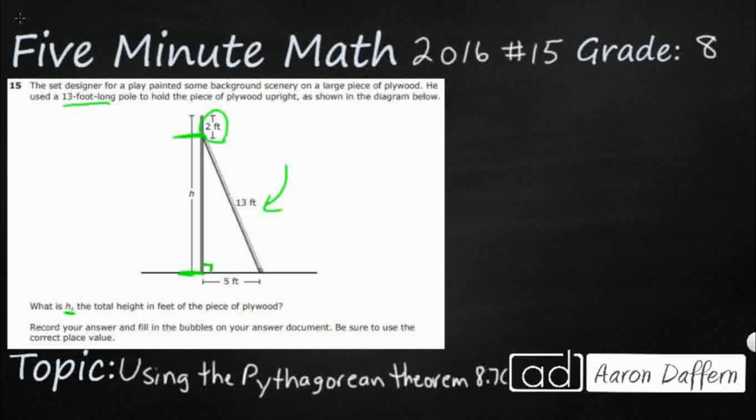And we should be thinking a squared plus b squared equals c squared. That's the Pythagorean theorem. And what that is, if you take this 5 foot and you make it a square, we'll call that b. You take this, however many feet this is, don't know, and pretend that's a square.